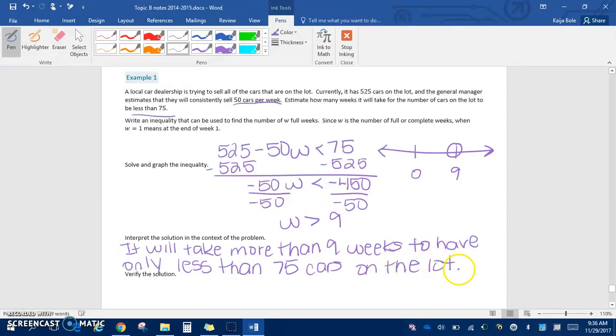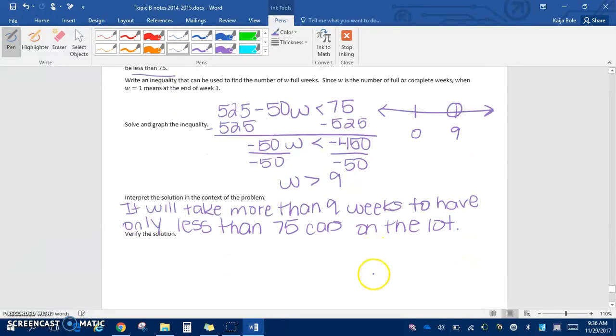So we can't say 9 weeks because it's not greater than or equal to, it's just greater than. And then we're going to skip the verify. We've shown all our work, so that can be how we verify.